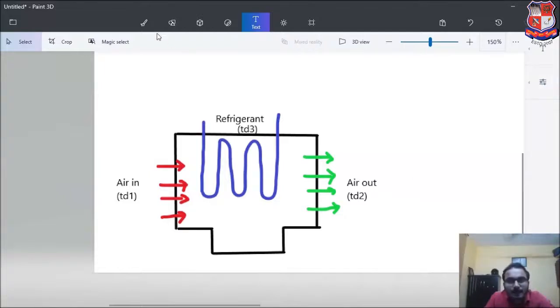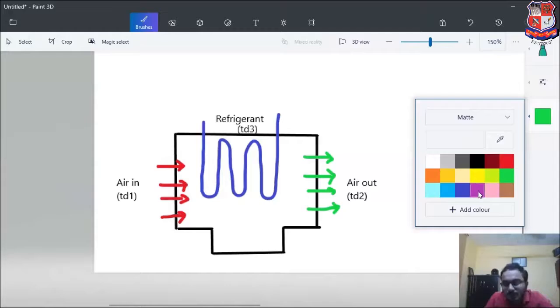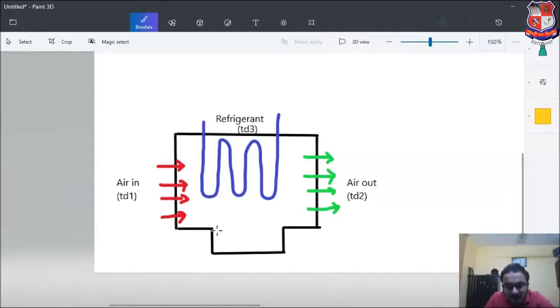So that condensate will be gathered here. So the water vapor which was present inside this air will get condensed. Because this is below dew point temperature, that's why it will get condensed, and here it is getting dehumidified. That's why this process is cooling as well as dehumidification process.